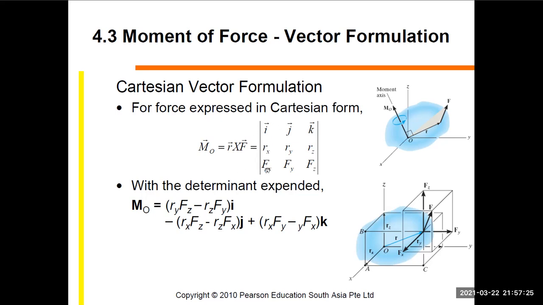So for i, we remove the column: R_Y times F_Z minus R_Z times F_Y, minus j times (R_X times F_Z minus R_Z times F_X), plus k multiplied by (R_X times F_Y minus R_Y times F_X).